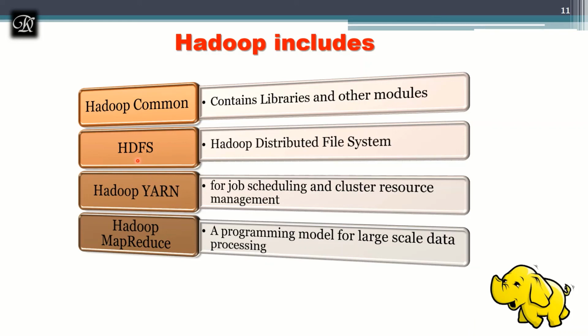Everything we'll discuss when we are discussing HDFS in detail. Next, we are having Hadoop YARN. YARN stands for Yet Another Resource Negotiator. It started with the Hadoop 2.0 version.